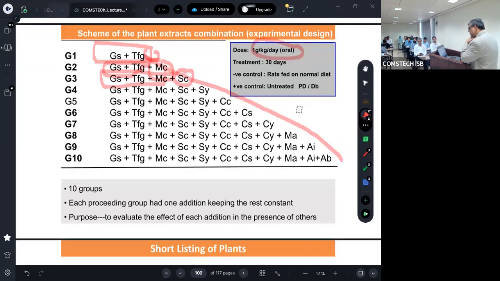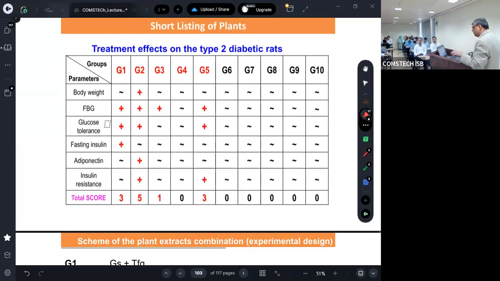In this test we normally check body weight, fasting blood glucose, glucose tolerance, fasting insulin, adiponectin, insulin resistance, and several parameters, for group 1 through group 10.